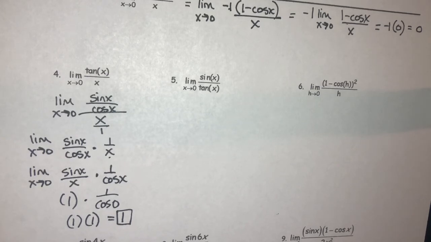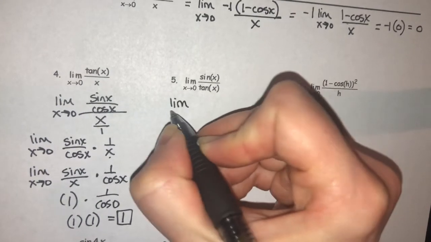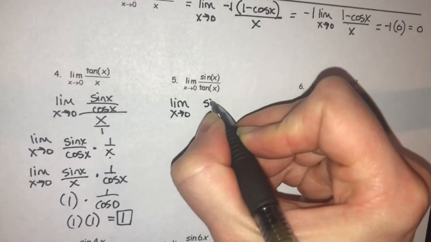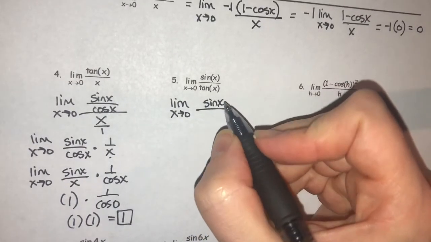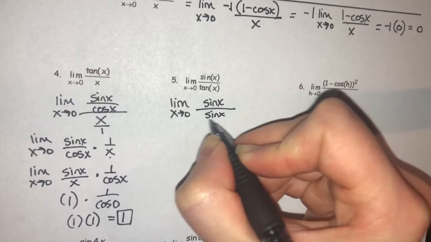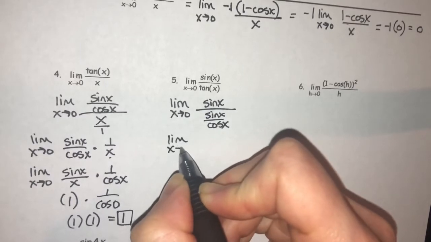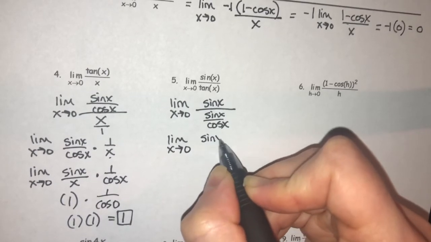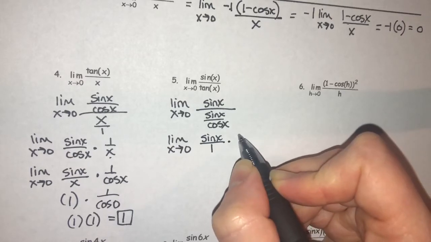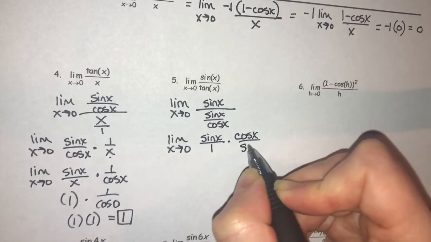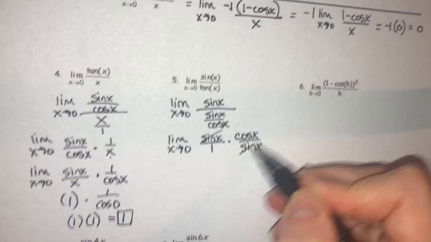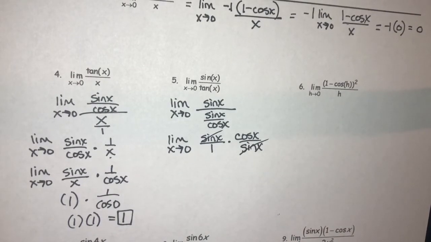All right, number 5 is quite similar. We have the limit as x approaches 0 of the sine of x over the tangent of x. So I want to take that tangent and change it to sine of x over cosine of x immediately. So the limit as x approaches 0 of the sine of x divided by the tangent of x, which is sine of x over cosine of x, and so the limit as x approaches 0 of sine of x over 1 times the reciprocal of the denominator, cosine of x over sine of x, means those divide out to equal 1.